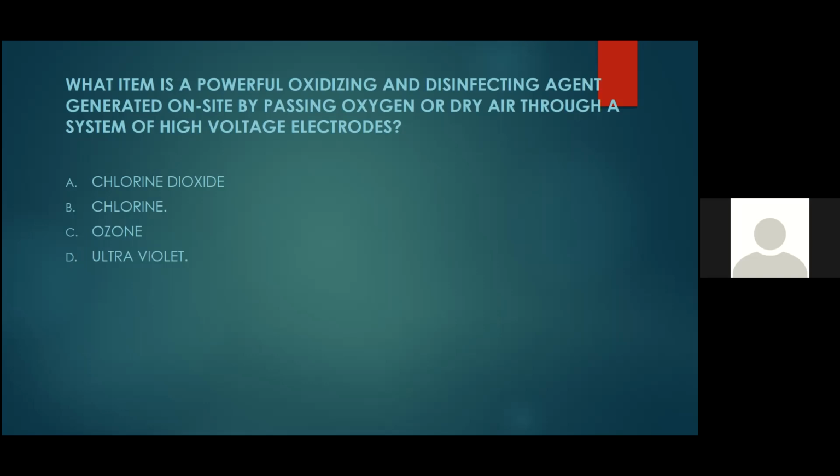Really good oxidizer, right? Your trick here, when you write the test, they'll talk about it as a powerful oxidizer. Ozone is one of the most powerful oxidizers, second only to fluorine. Fluorine isn't really used in the water treatment industry, but ozone can be used really successfully to oxidize any sort of bacteria or any organics in that water.